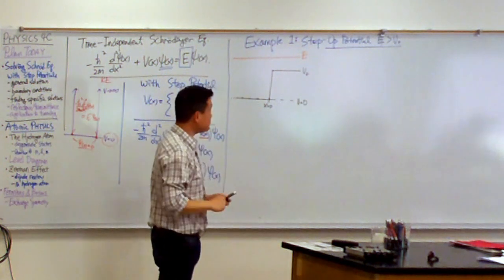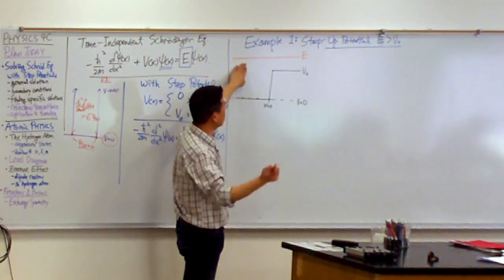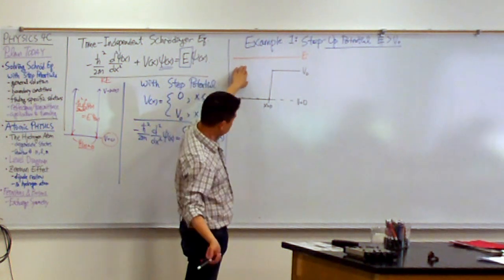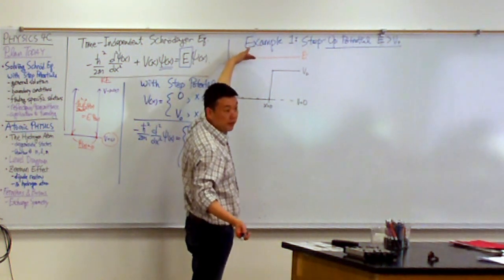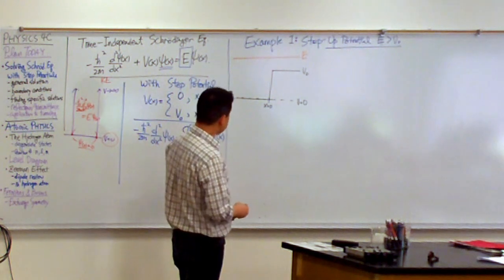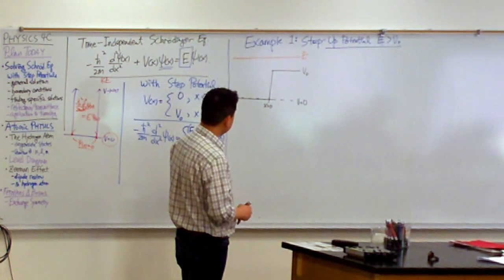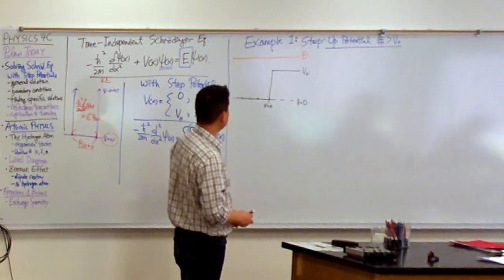Later on, I'll sketch something onto this to represent the wave function of the particle, with this being the 0 line. That's the common convention for drawing things. So this is our goal.